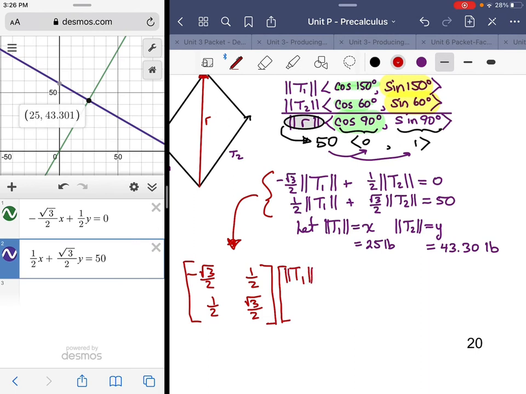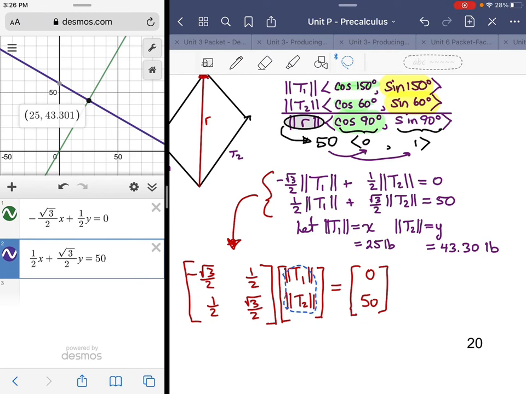So that's going to be our coefficient matrix, and that's multiplied by vector T1, T2, specifically the magnitudes. And that gives a result through that matrix multiplication of the vector 0, 50.